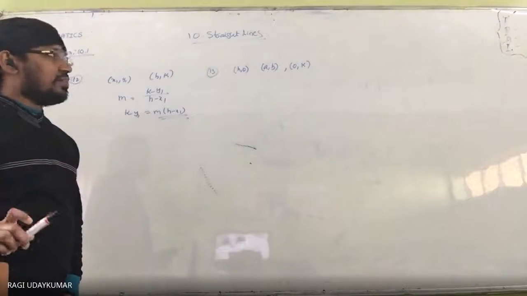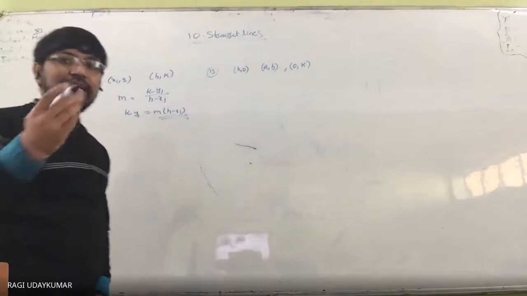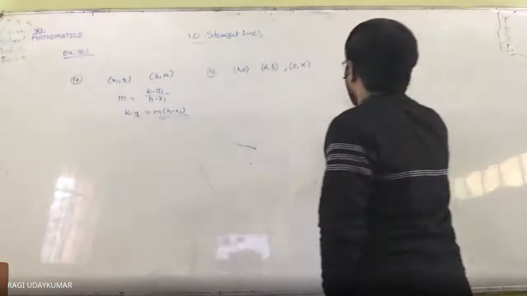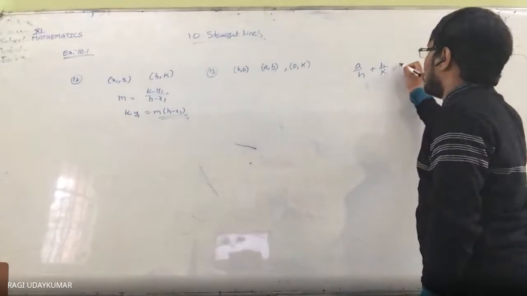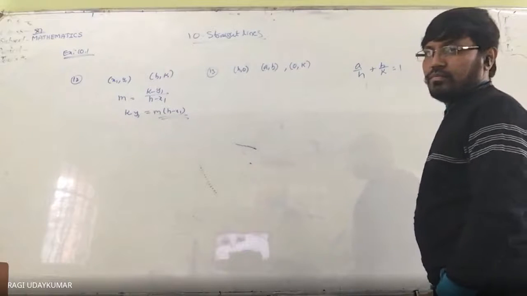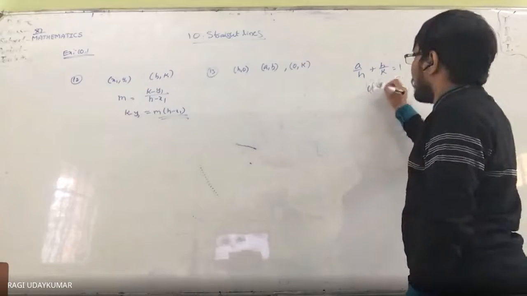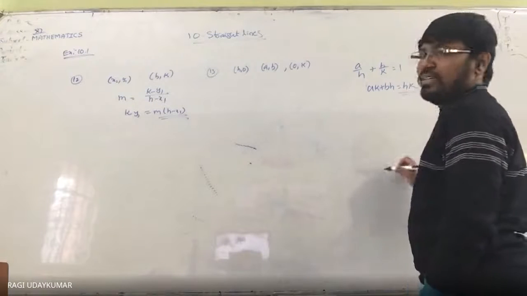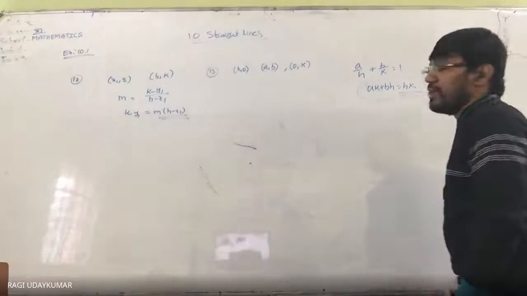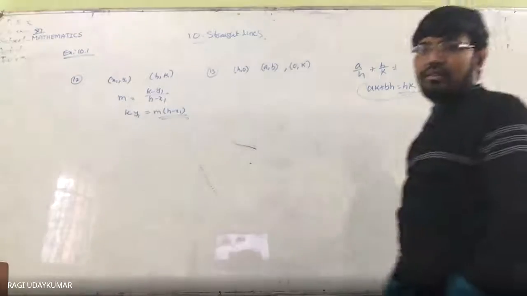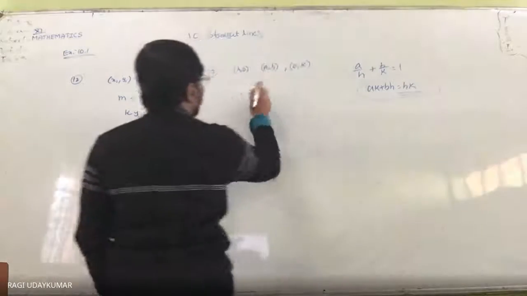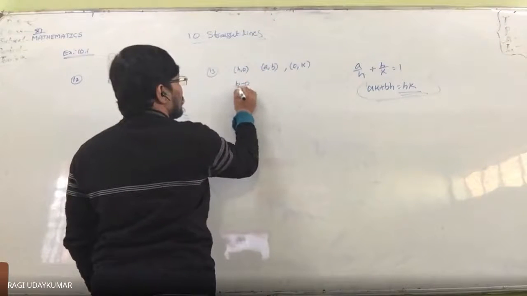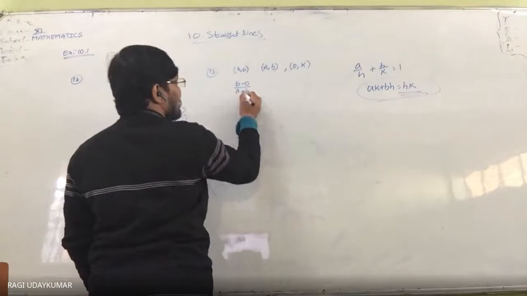Isn't it? And what is required to us to prove? a by h plus b by k is equal to 1. Simplify this, ah plus bk is equal to hk will come. So if you take the slope of the line joining these two, what do you get here? b minus 0 by a minus h.